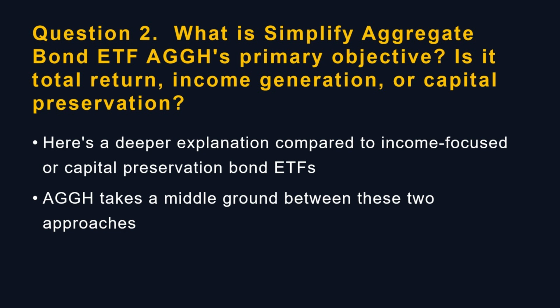This might involve selecting bonds with better potential for price appreciation, using derivatives, like call options, to generate additional income, and employing strategies to hedge against interest rate fluctuations or credit downgrades. By combining these elements, AGGH seeks to achieve a balance between income generation and capital appreciation for overall total return.